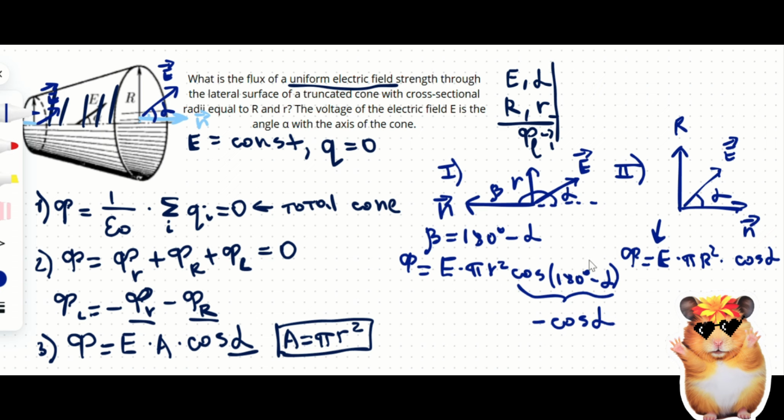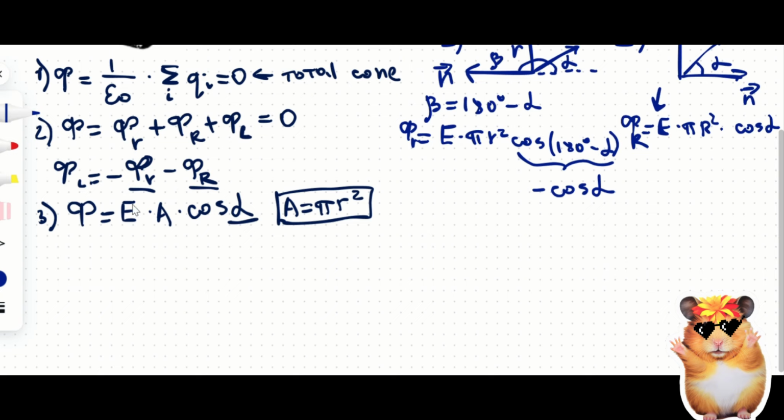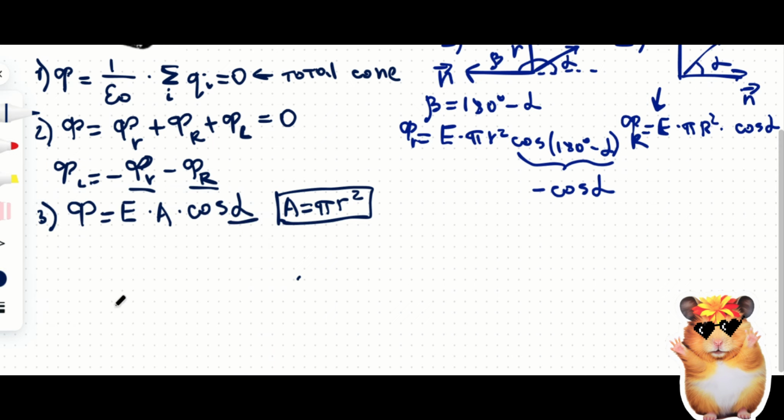So we know the fluxes of our bases, and let's finish our work from there. The fourth step: F lateral equals to, we have a minus there, but we also have a minus, so it will be plus.